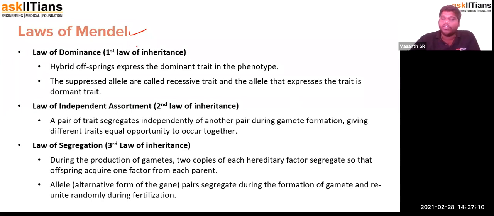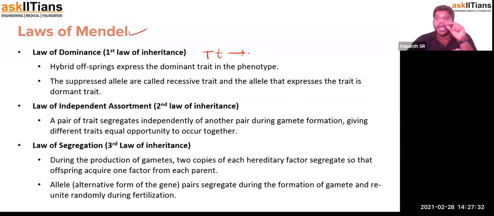The first law of inheritance is the law of dominance under hybrid condition. An example of the hybrid condition could be capital T small t, which is a heterozygous condition, a dominant allele and a recessive allele together. In this case, the expressing character, the phenotype, would be the dominant character.